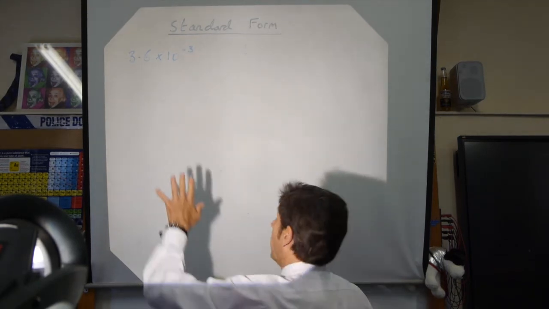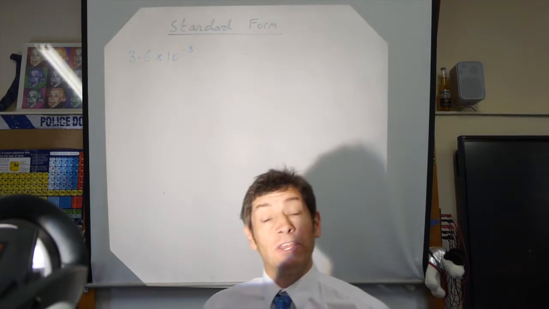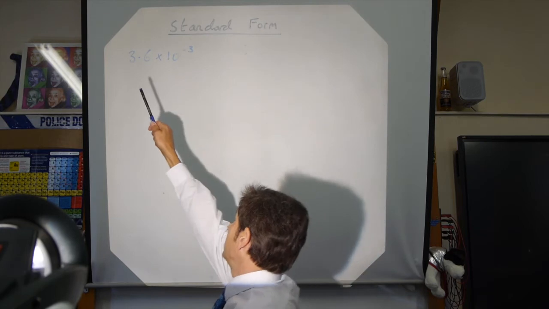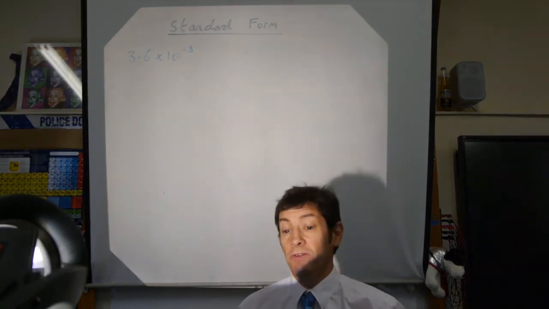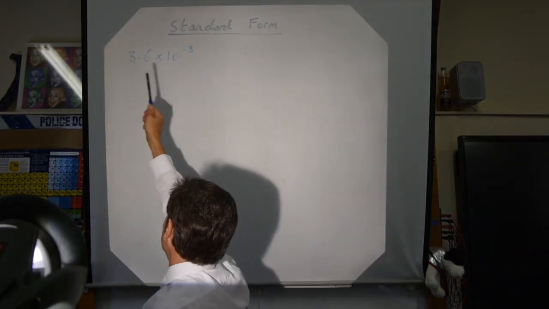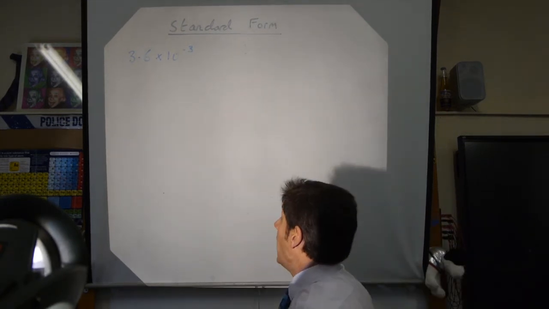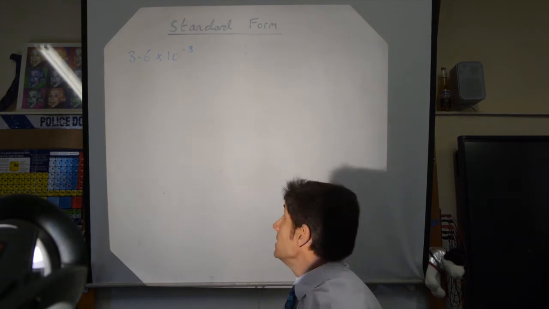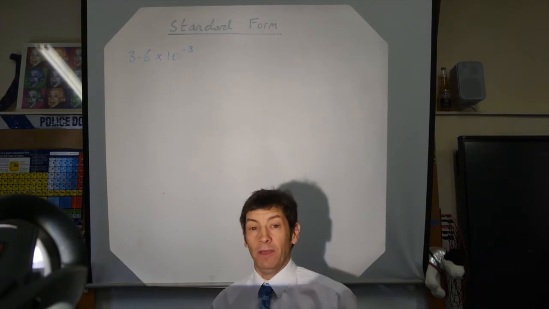Some of you will know, if you know me well, I'm an absolute fan of engineering notation, and this is engineering notation, so I can immediately say milli. The disadvantage of using engineering notation, where you could have more numbers here and powers of 3, 6, 9, etc., is that it's a bit tricky to look at how many significant figures there are. So have a think about how many significant figures in that number.